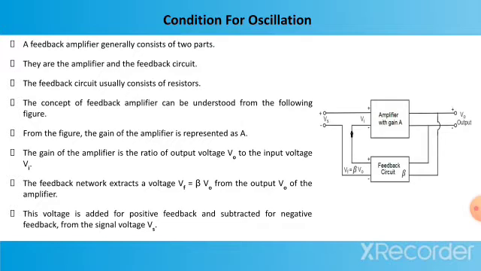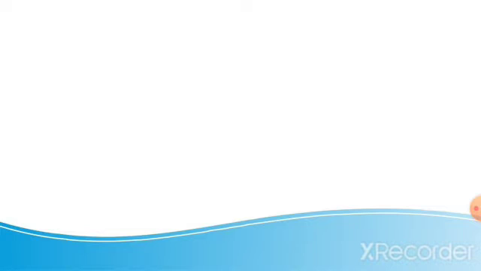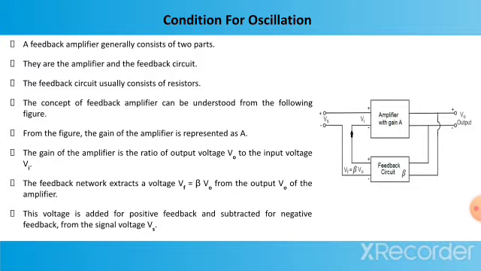This voltage is added for positive feedback and subtracted for negative feedback from the signal voltage Vs. That means our input will be Vs minus Vf or Vs plus Vf.